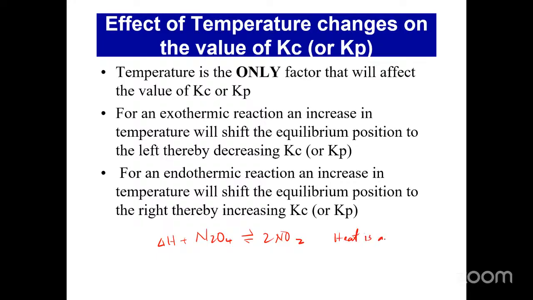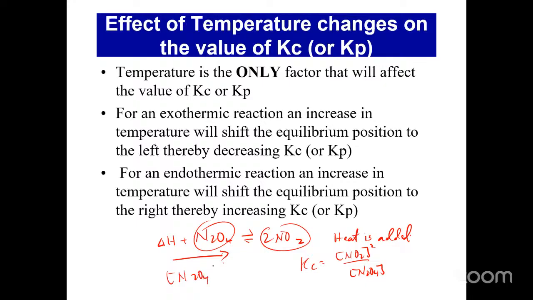If heat is added, that means that according to Le Chatelier's principle, the equilibrium will shift in that direction. So the result would be that the concentration of NO2 will increase and the concentration of N2O4 would decrease, I'm sorry. So therefore, since Kc is equal to concentration of NO2 squared divided by concentration of N2O4, what do you think is going to happen to Kc if the concentration of N2O4 decreases and the concentration of NO2 increases?